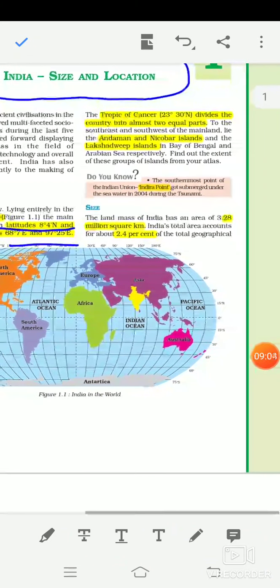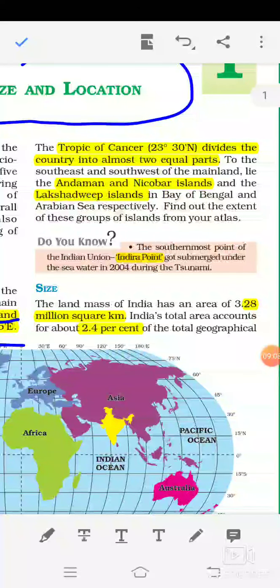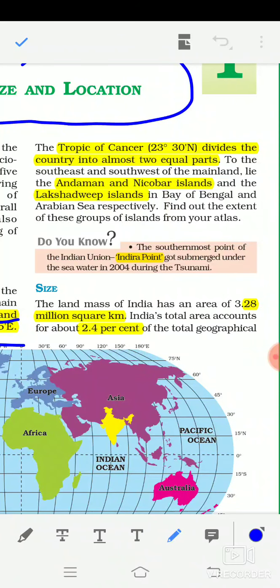Coming to the main one-mark question, Tropic of Cancer means 23.5 degree north latitude. This is the line. If you see the Tropic of Cancer at 23.5 degree north latitude, it divides India into almost two equal parts.